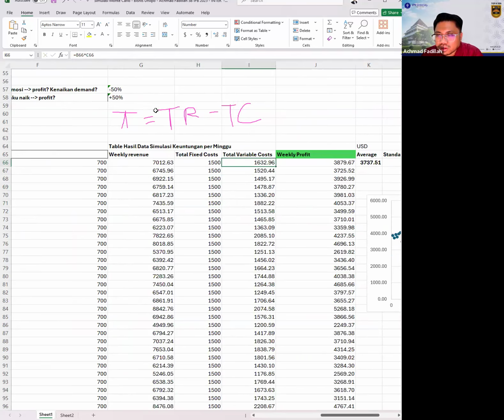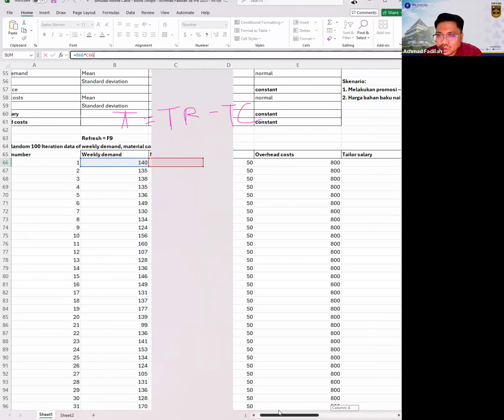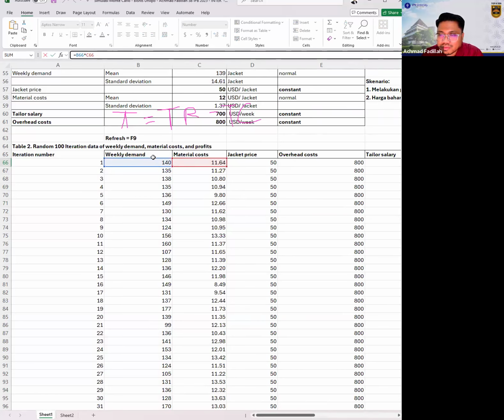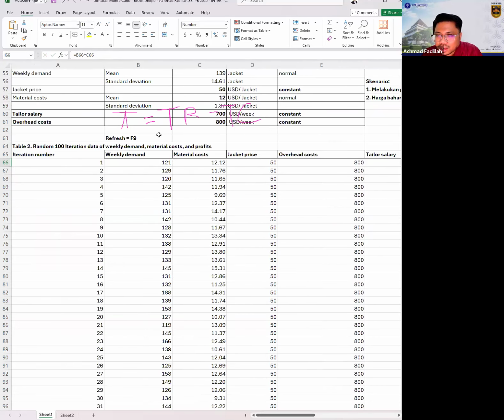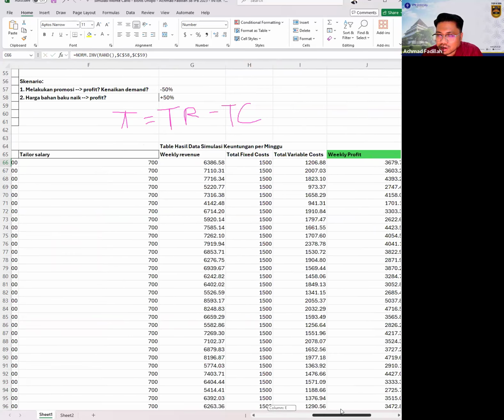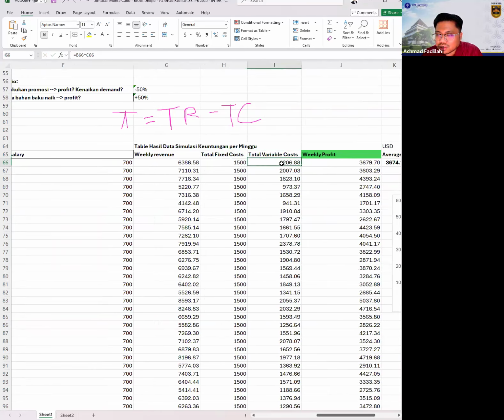And then the total variable cost, because the variable cost depends on the demand and also the material cost. As a variable cost, weekly demand times material cost will change every time you click F9, because this formula depends on these values, and of course it impacts this total variable cost.